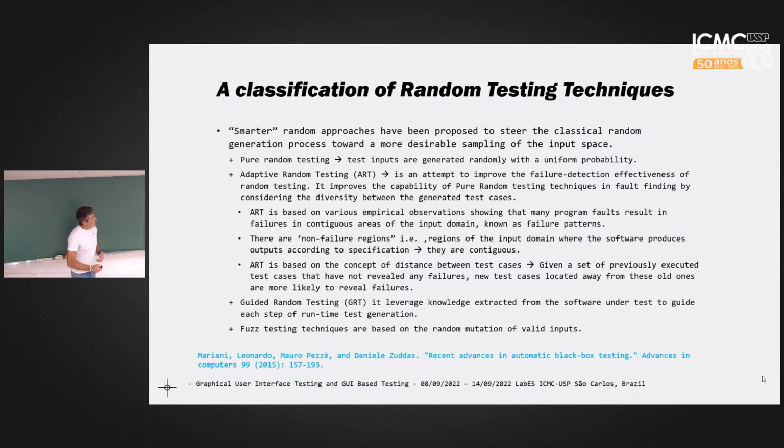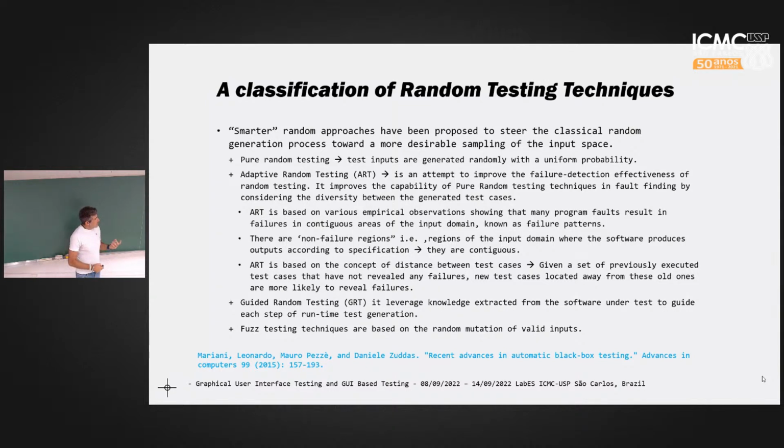Okay, so the adaptive random testing approach is a way for improving the capability of pure random testing techniques to detect faults. Okay, and the main idea at the basis of adaptive random testing is based on considering the diversity of test cases.